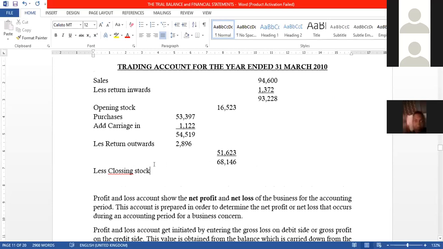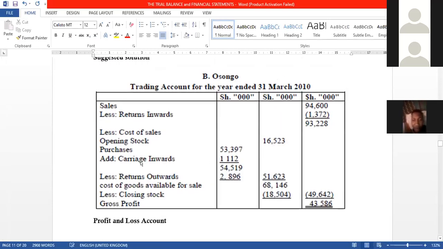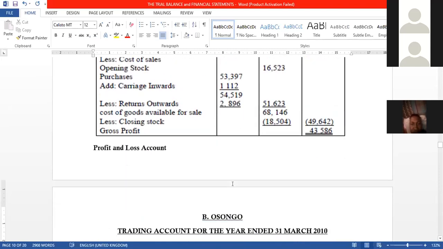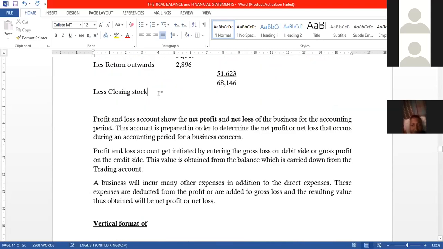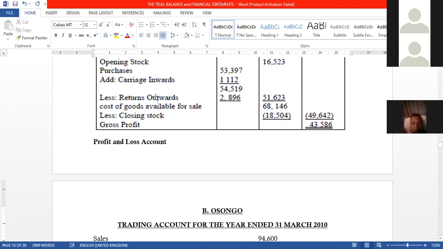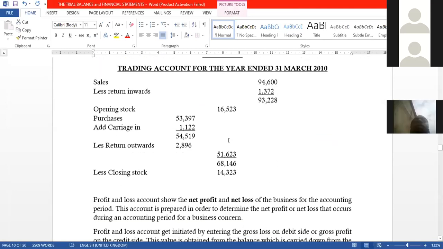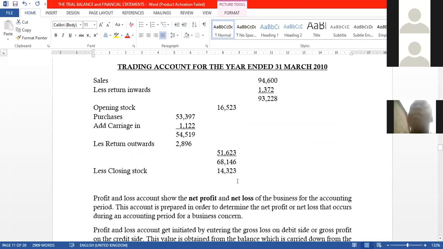What was the amount of closing stock? It is here, stock as at 31st March 2010, which is 14,323. So I think that is the figure that had a problem. Can you confirm if that is the figure that we have in the original question? 14,323. So if we less that, minus 14,323, we get 53,823.